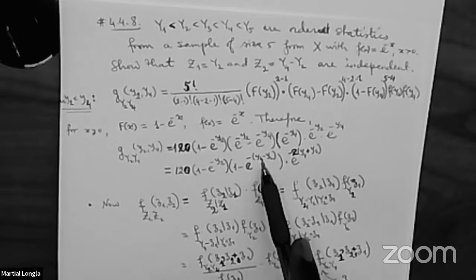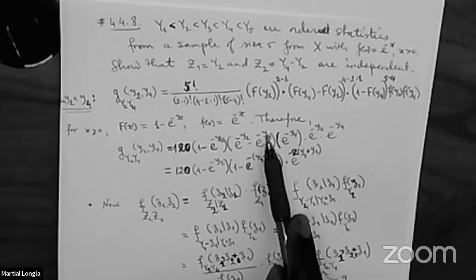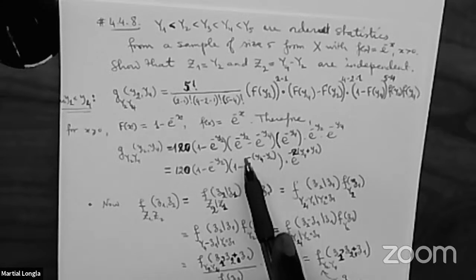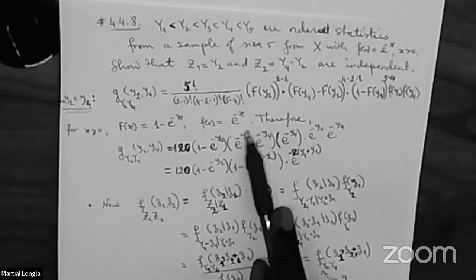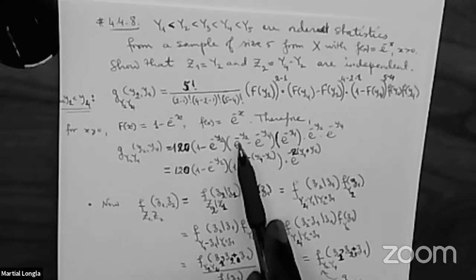Therefore, it becomes e to negative y4 plus y2, which is keeping the minus out. That will be y4 minus y2. And the minus and the e to the y2 that I multiply by, I put it outside. That's why it comes to this one. And now you have minus 2 times y4 plus y2. So that's the sum of all these 1, 2, 3, and the fourth coming from here.